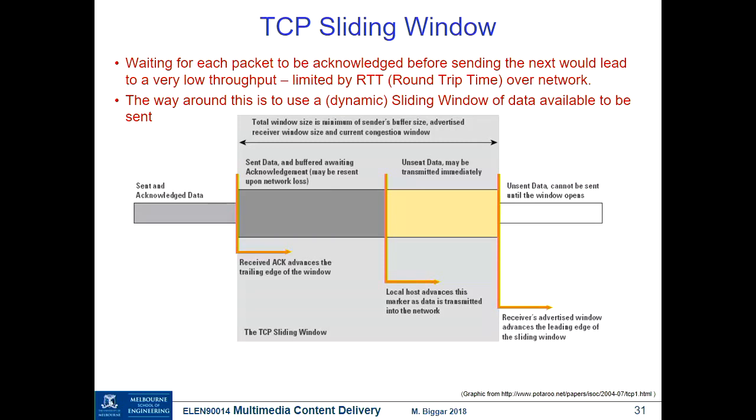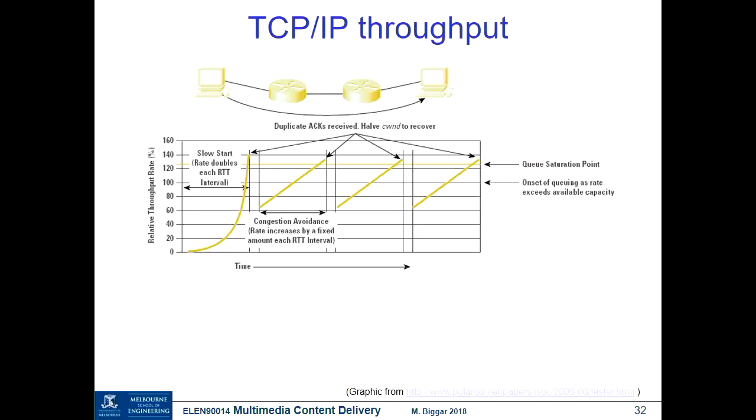Because if there's some congestion involved, then this window size will drop.